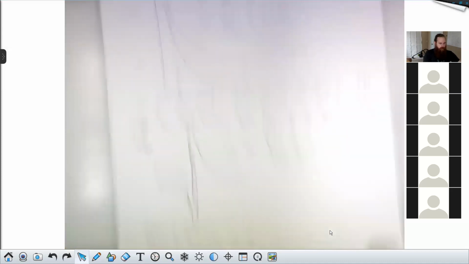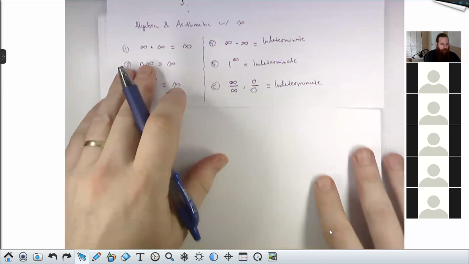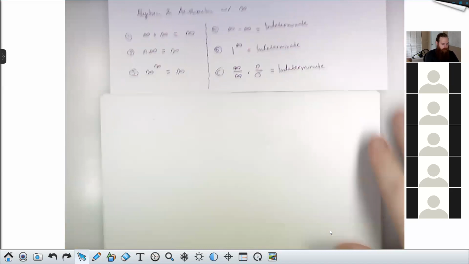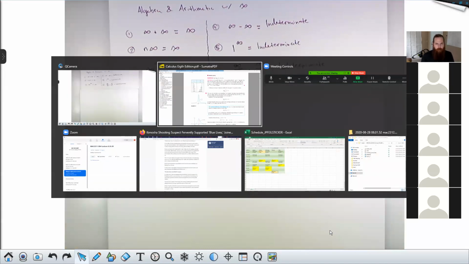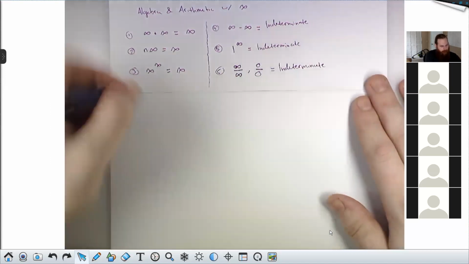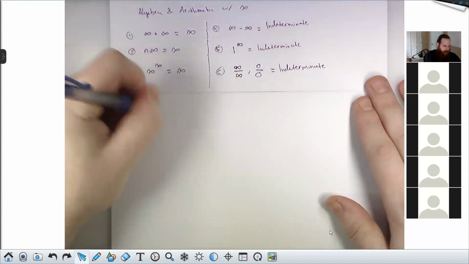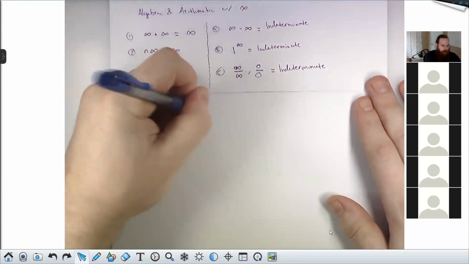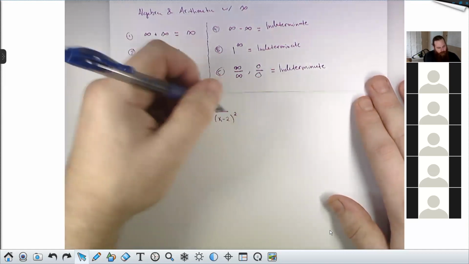So let's get some practice. Let's think about f of x as the function 1 over (x minus 2) squared.